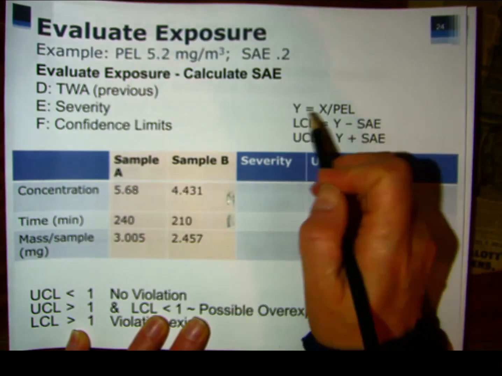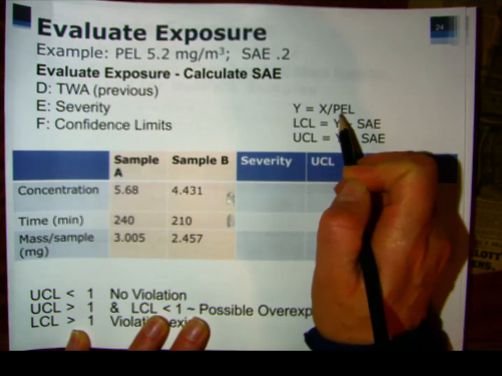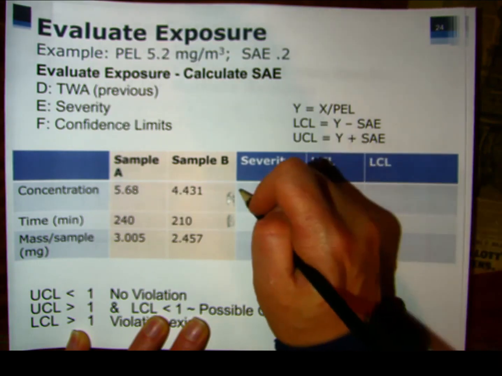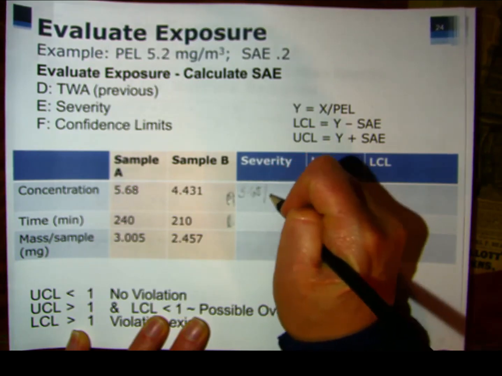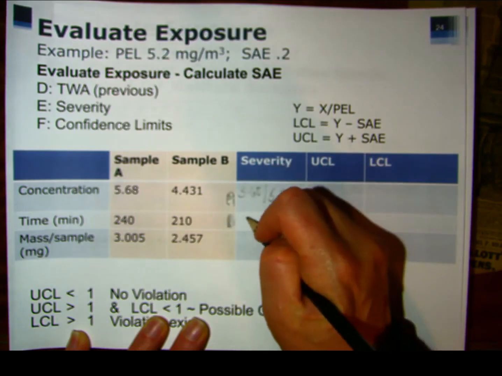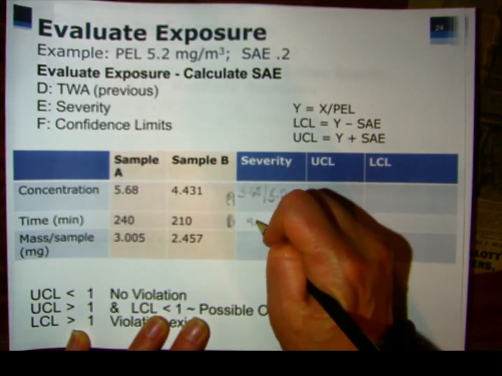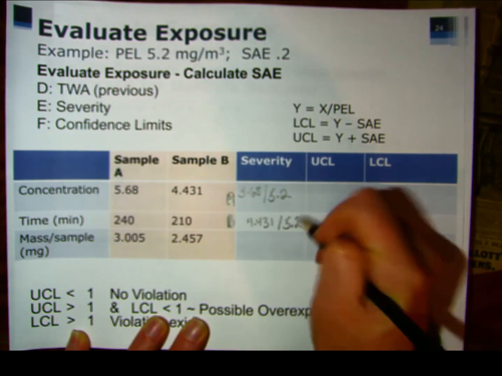So our severity is our concentration over our permissible exposure limit. So our concentration is 5.68 divided by 5.2, and our concentration for B was 4.431 divided by 5.2.